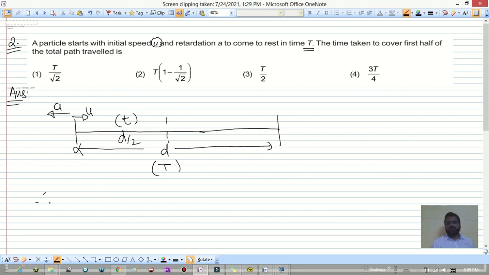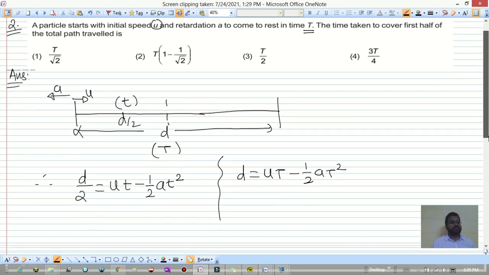Therefore for the first half, that is d by 2, initial velocity is u, time is t, minus 1 by 2 at squared. Why? Because retardation is given. And for the full journey, d is equal to u capital T minus 1 by 2 a capital T squared. I applied over here the second equation of motion.